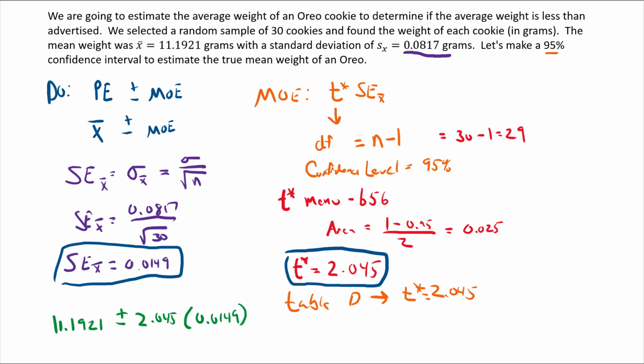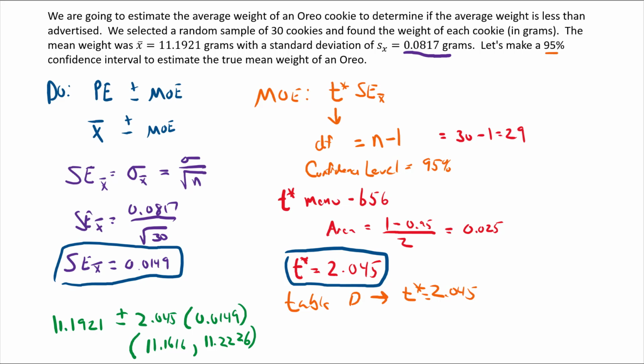Let's go with the lower value first. So our lower value, we did minus first, so 11.1921 minus 2.045 times 0.0149. We should get 11.1616. And if we did a plus instead of a minus, we would get 11.2226. Okay?